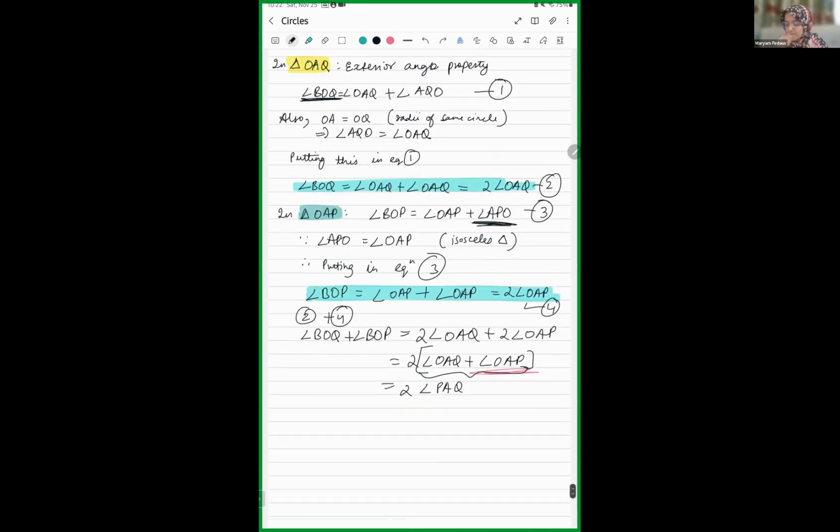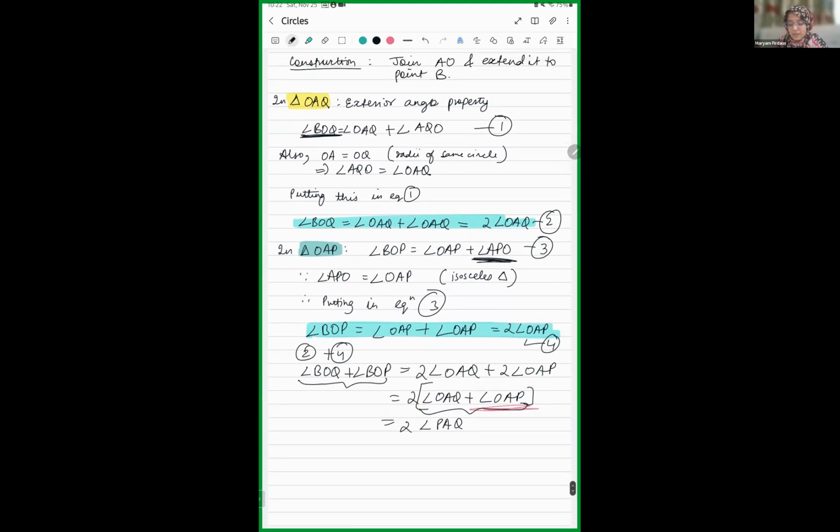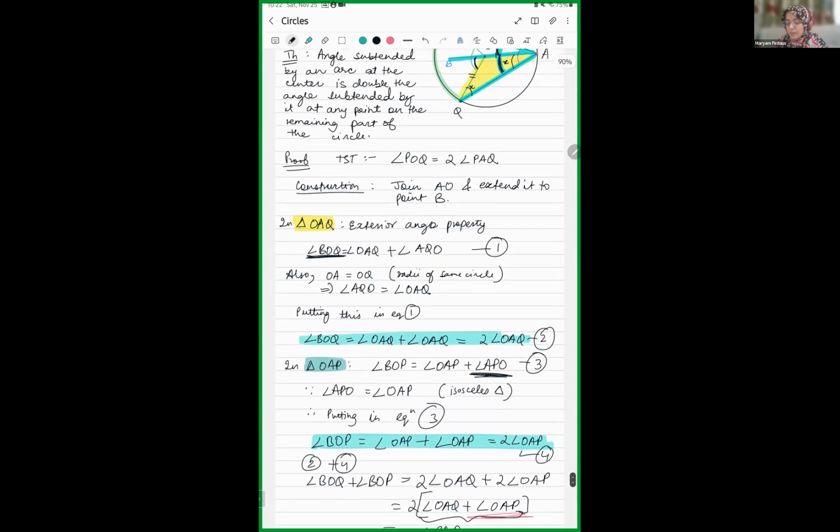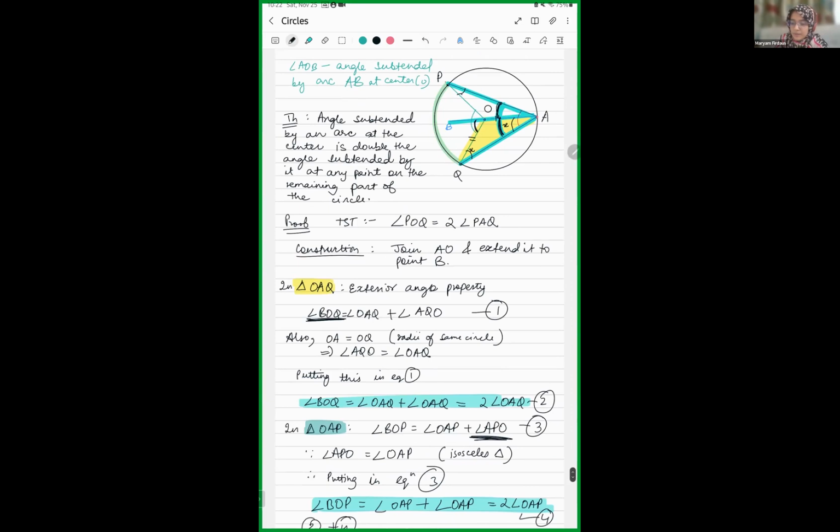And now, similarly, when you add BOQ and BOP, I want you to tell me the correct answer.